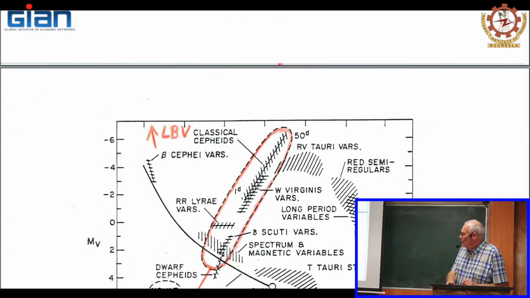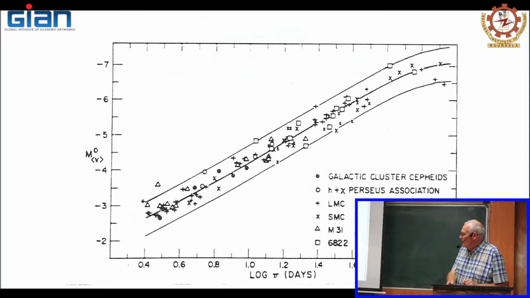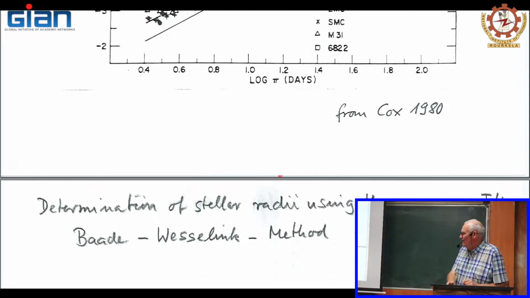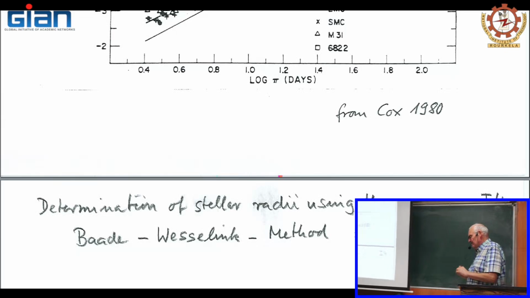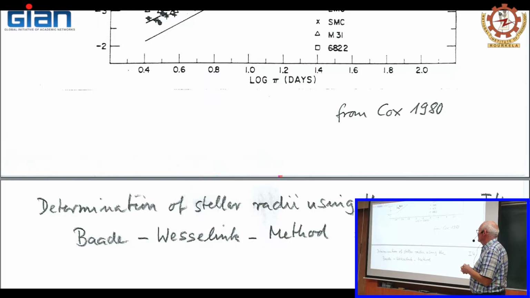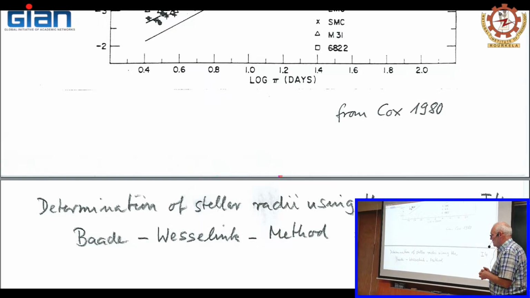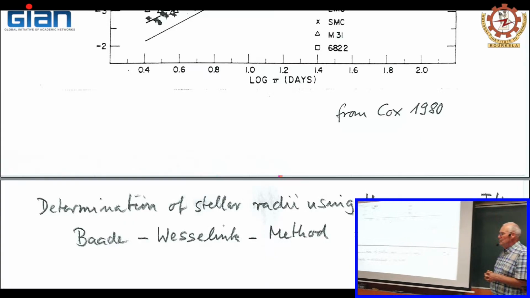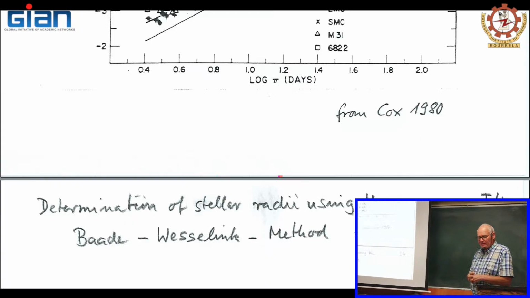Now let's consider the star delta Cephei in detail. I promised that pulsating variables can not only be used for distance determination, but they can also be used to determine stellar parameters.